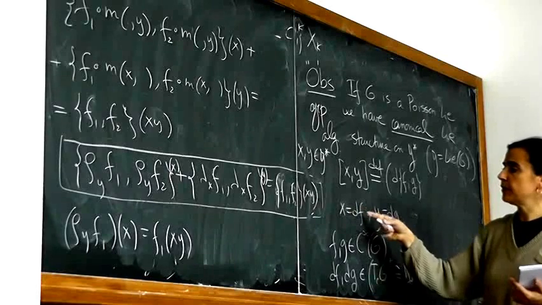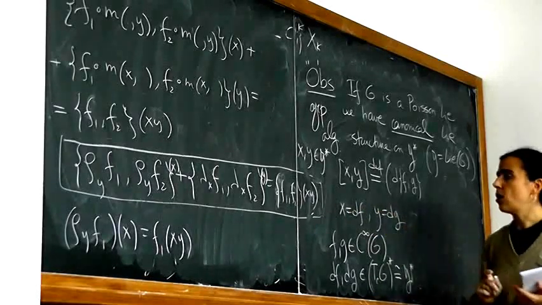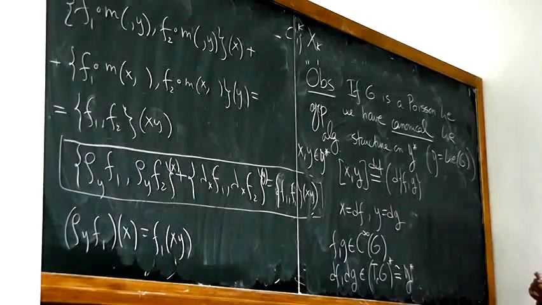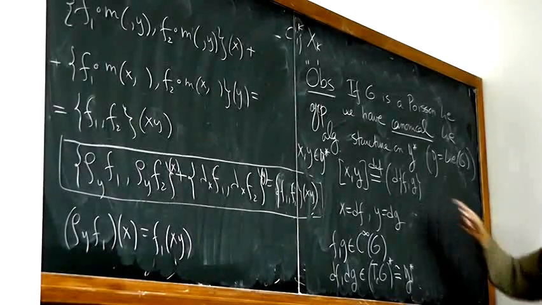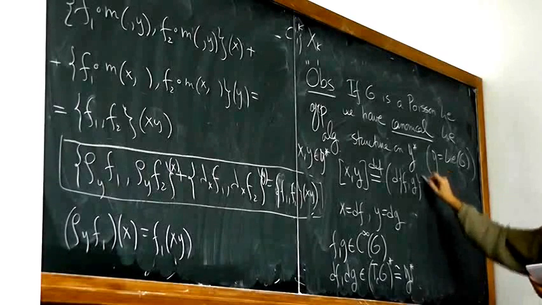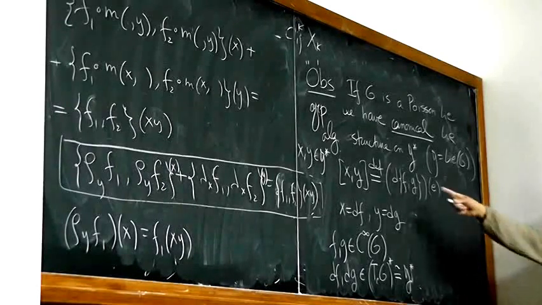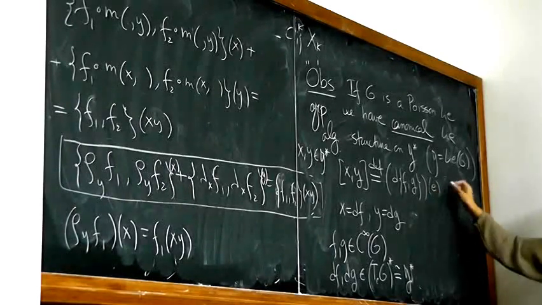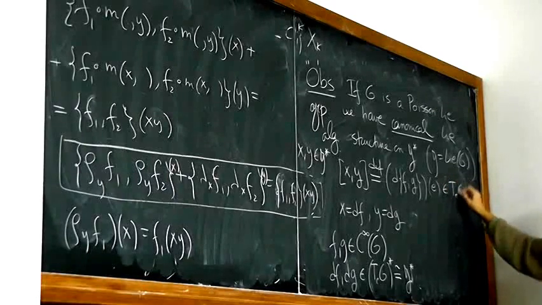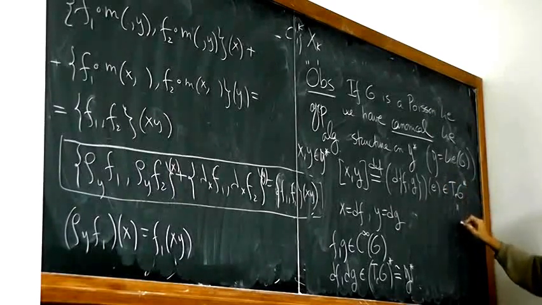This can be effectively thought of as elements of G star. And I take the differential of this evaluated at the identity. Again, this is the differential of something at the identity, so this is an element of G star.